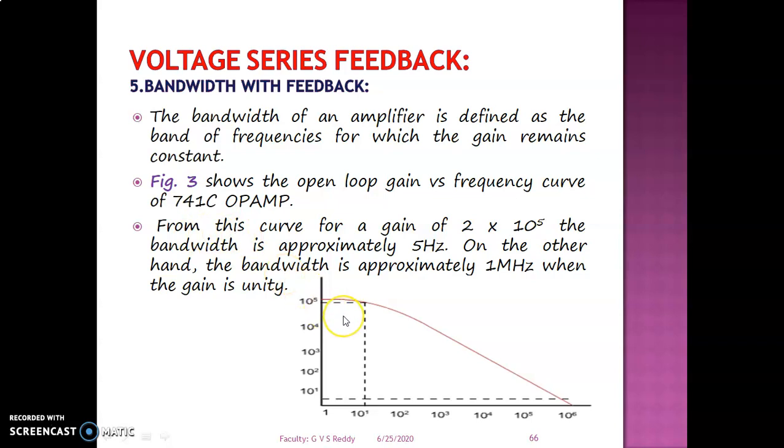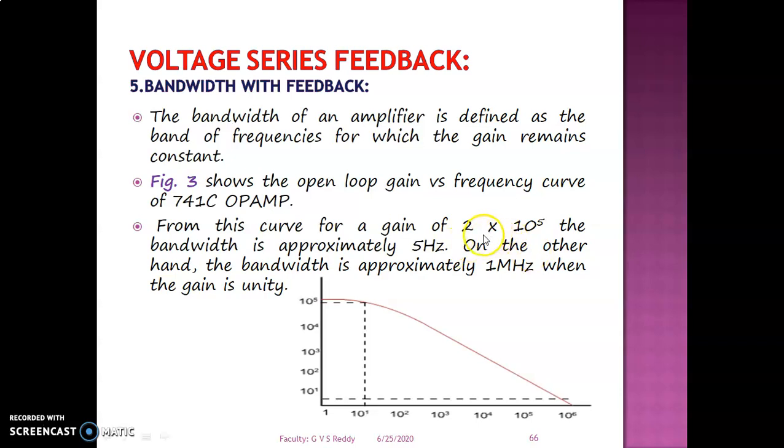So the curve represents the gain of 2 into 10 power 5, that is 2 lakhs, the open loop gain, the bandwidth is approximately 5 hertz. On the other hand, the bandwidth is approximately 1 megahertz when the gain is unity.